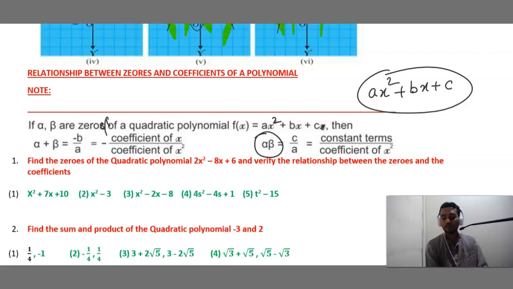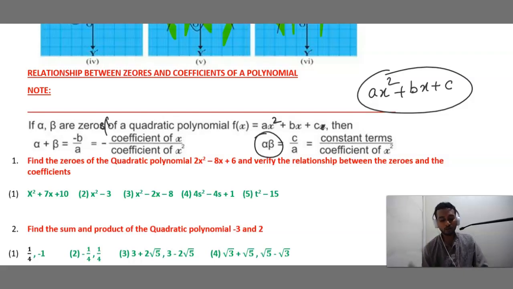You just need to remember this formula. This formula is very important. You can expect it in a 1 mark multiple choice question. Remember, the formula is minus b by a, and alpha beta equals c by a.